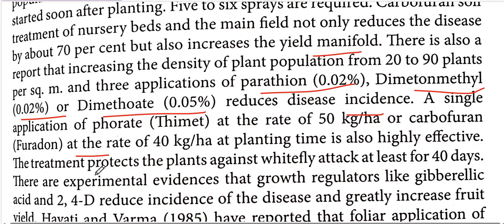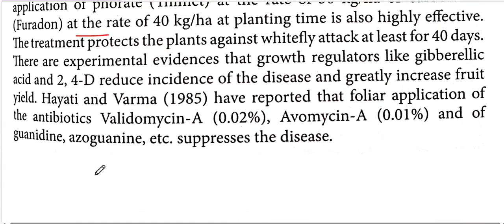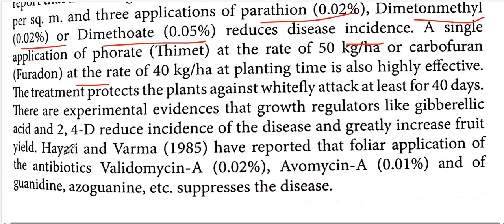The treatment protects the plant against whitefly attack for at least 40 days. There is experimental evidence that growth regulators like gibberellic acid and 2,4-D reduce incidence of the disease and greatly increase fruit yield.